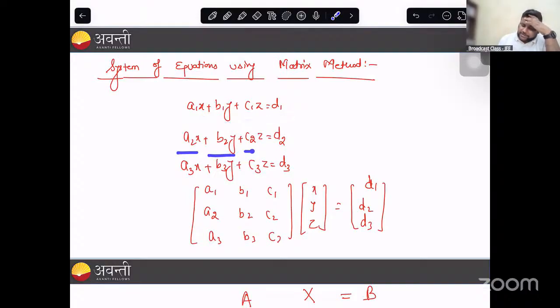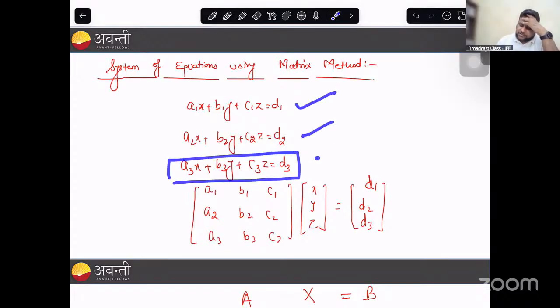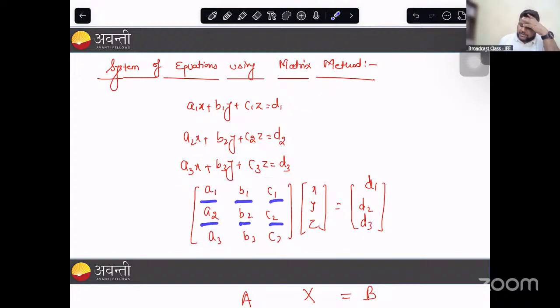A2x plus B2y plus C2z equals D2. And A3x plus B3y plus C3z equals D3. So these are three equations. Now you make a matrix out of it. These are the coefficients of x, y, z, a 3 by 3 matrix. These are directly x, y, z. And these are the constants which were on the right of the equation. These constants D1, D2, D3 should be on the right of equality, not on the left.